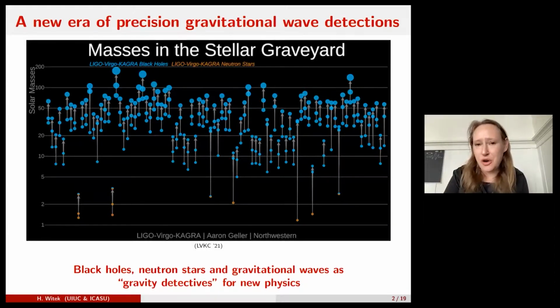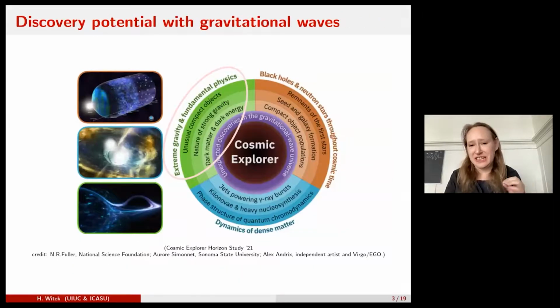Also, if I look forward, there's a huge discovery potential. I give you just one example here from the Cosmic Explorer Horizon study from the end of last year, listing some of the exciting physics that we can do with the black hole detections that we already have, and that will come with much higher precision, with much higher signal to noise ratio in the next decade or decade and a half.